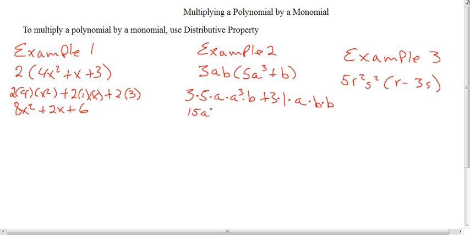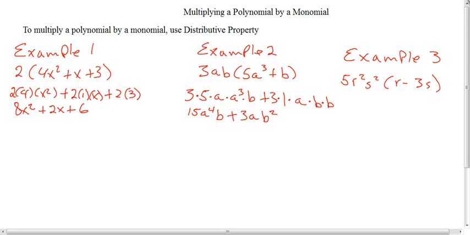That's going to give us 1 plus 3, a to the 4th, and we bring our b down, plus, then we have 3 times 1, which is 3, and then again our a, and then we have our b times b, and that's going to be b to the 1 plus 1, which gives us b squared. So our final answer for this problem is 15a^4b plus 3ab squared.